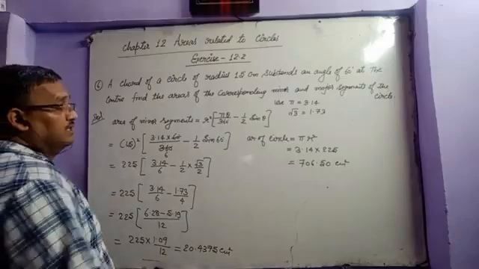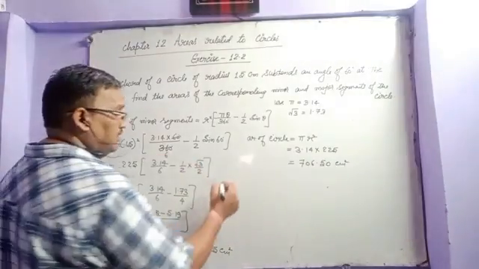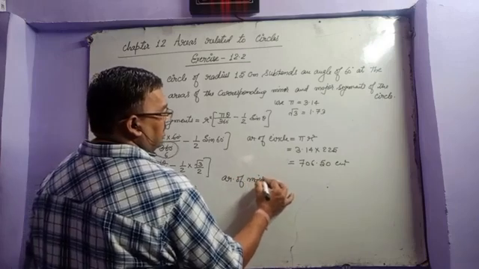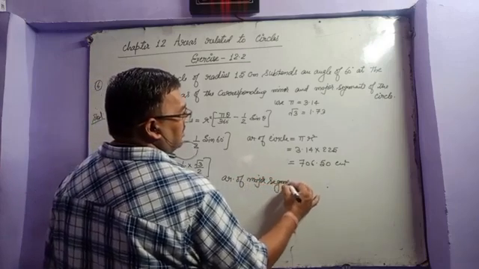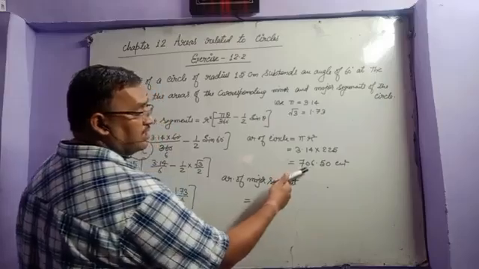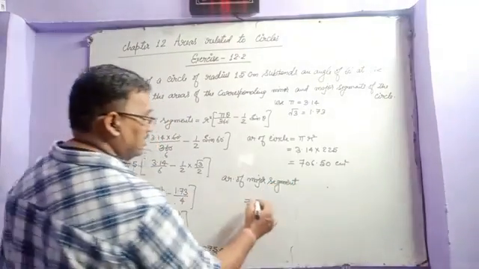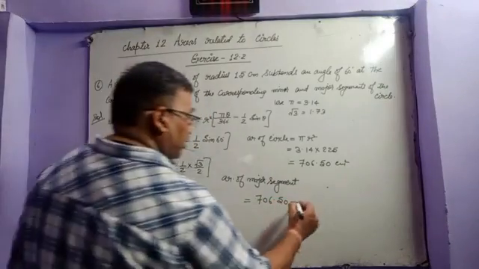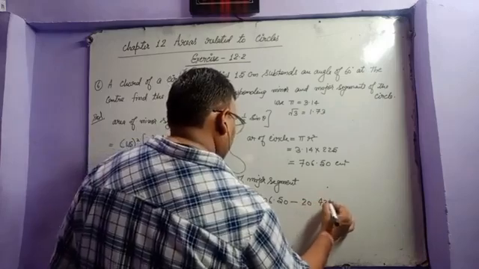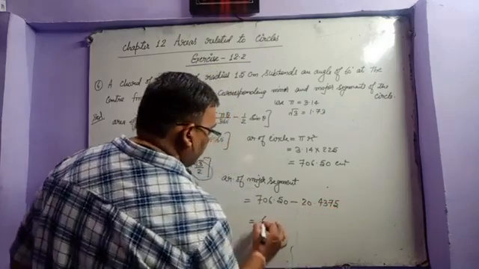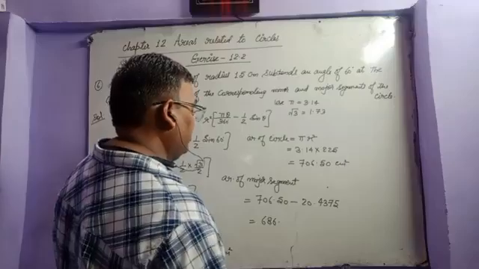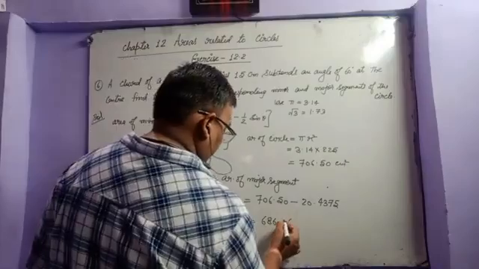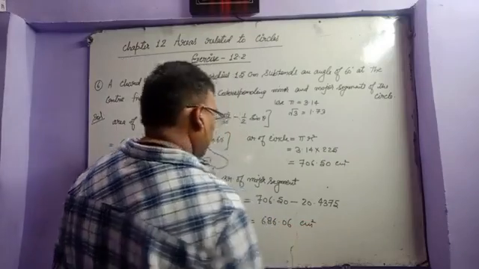Now if we want to find the area of the major segment, it is the area of the circle minus the area of the minor segment. So this is 706.50 minus 20.4375. You will get 686 centimeter square.